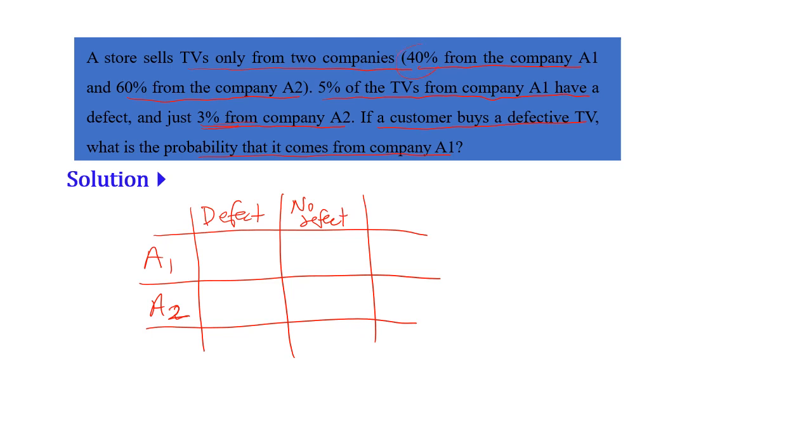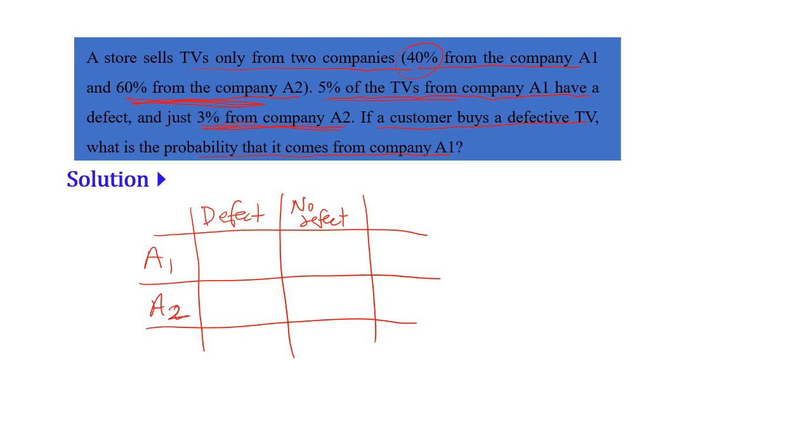Everything is given in terms of percentages, so there is no number given, like the number of TVs or the number of defective TVs, but just the percentages.